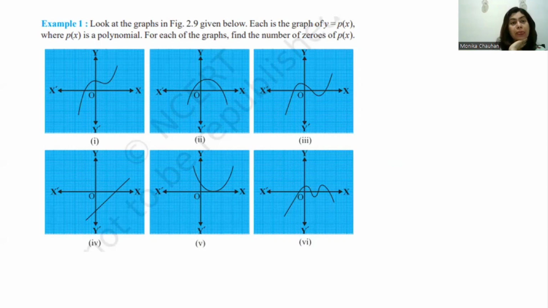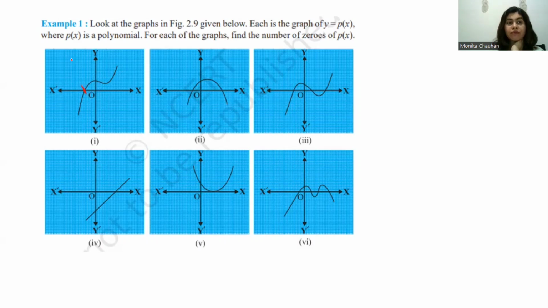The first one, you have to tell me the number of zeros, and just tell me why it is so. If you are in my live class, this is much easier. Okay, no worries. Can you see this graph? It is exactly touching at 1 point.